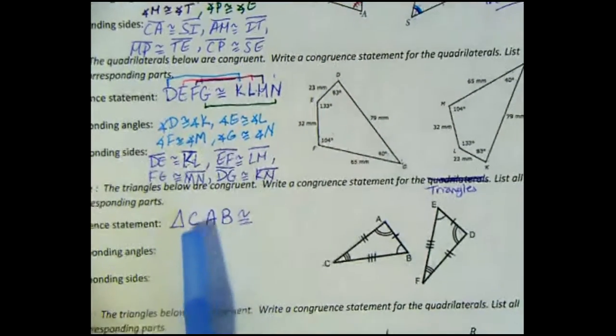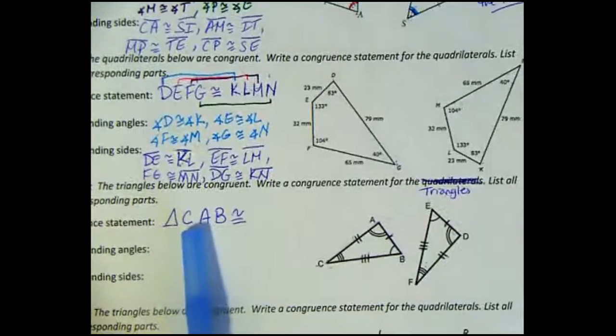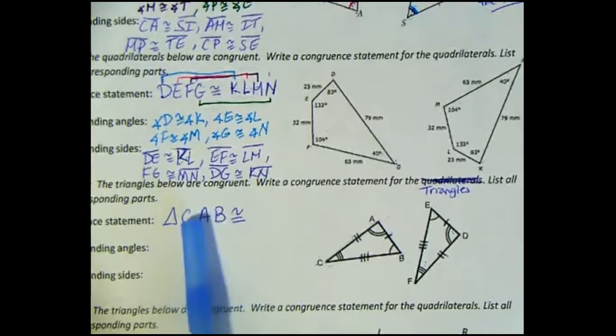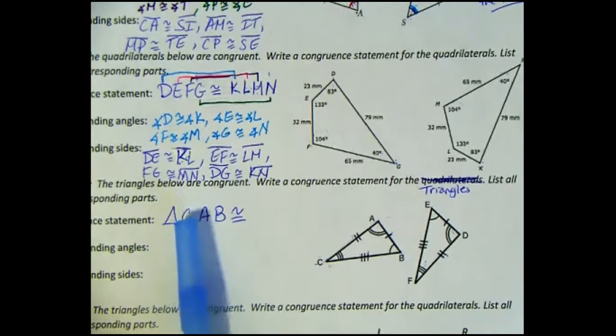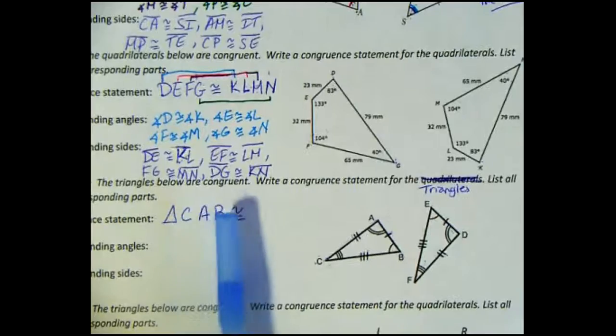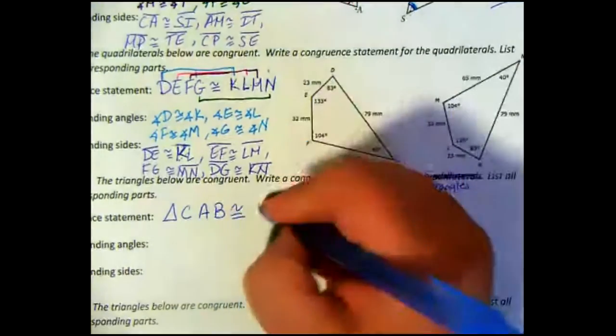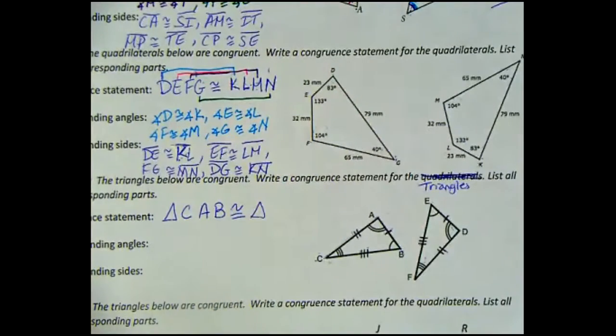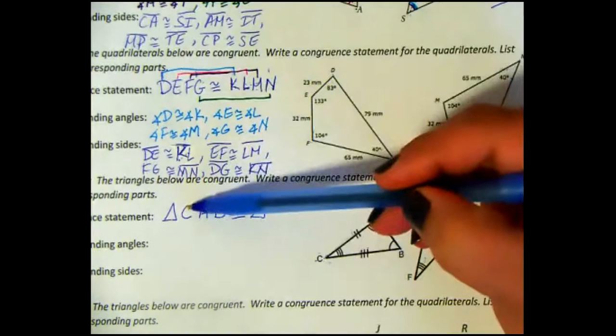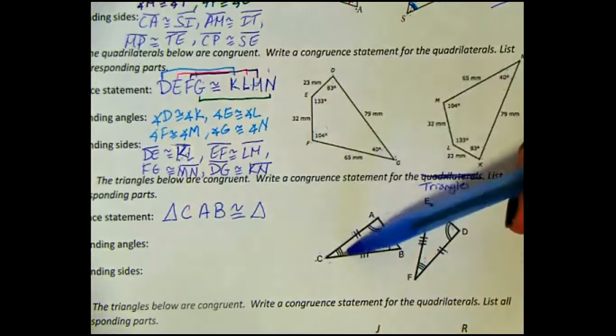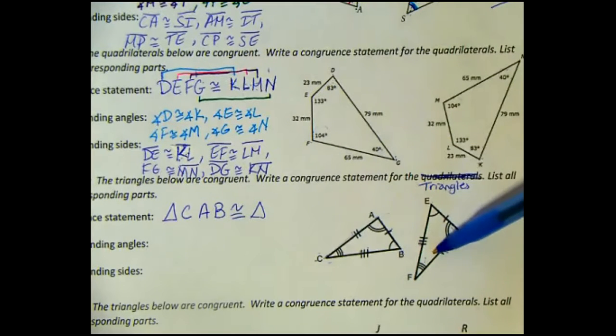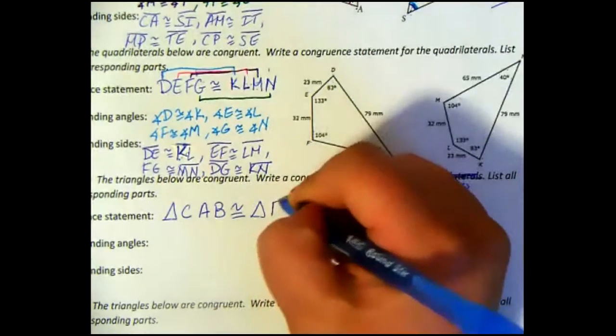So if I wrote C first here, that means I have to write the angle that is congruent and corresponding to C first here. So I have my triangle, because we're talking about triangles now. So C here, what's the corresponding angle to C in this triangle? That's F. So that means F is going to be first here.